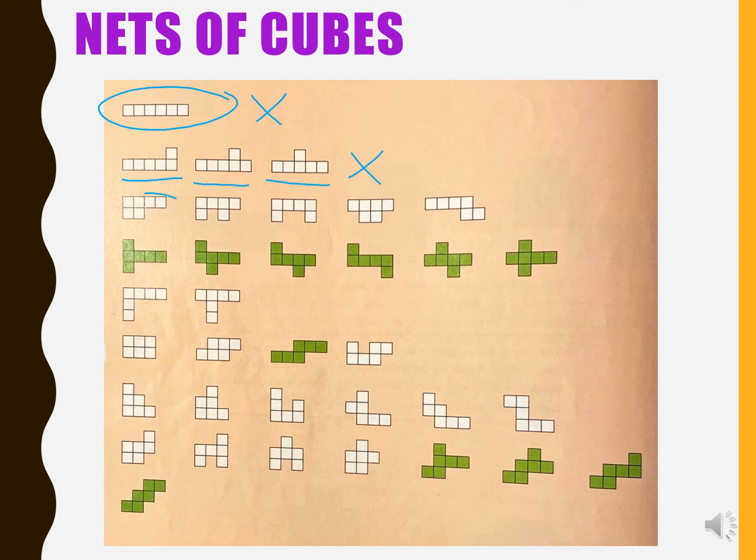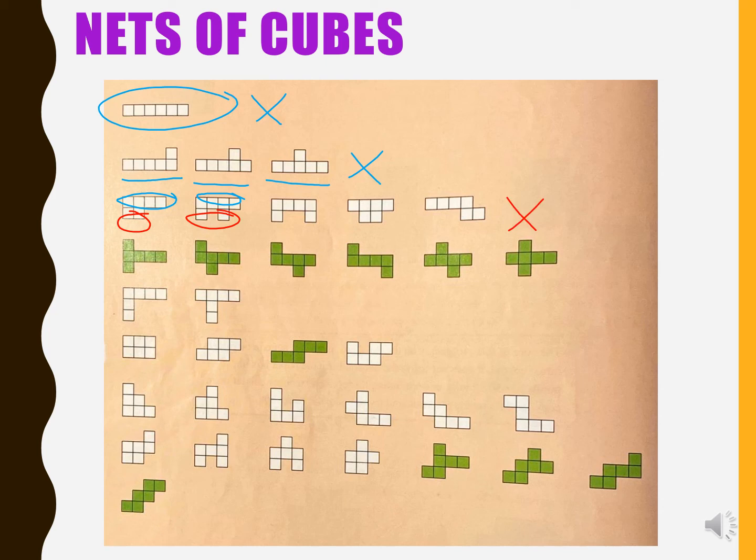That means 4 here, and then the remaining two are both on the same side. In that case, you are missing either a top or a base, so we cannot make it.